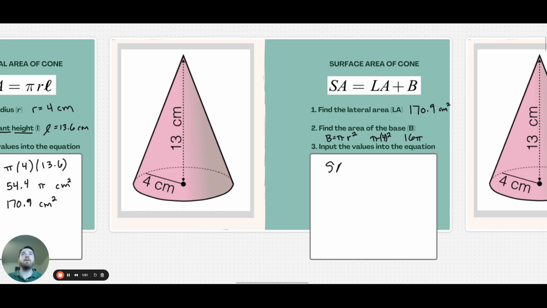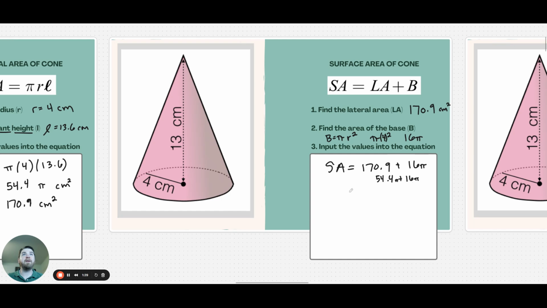So surface area is equal to your lateral area plus your base. So my base is just 16 pi. And so again, if I wanted this in terms of pi, I could write 54.4 pi down, and then that 16 pi down.